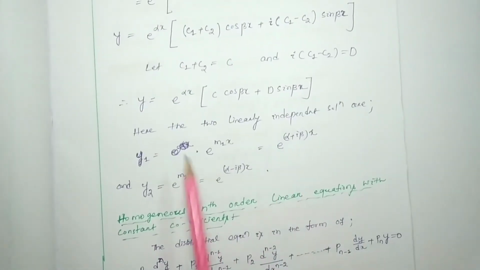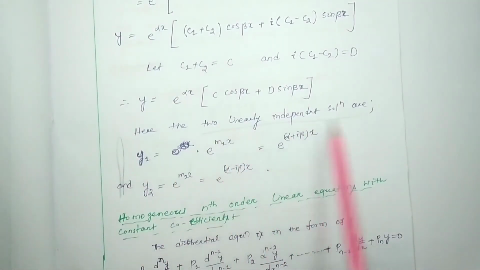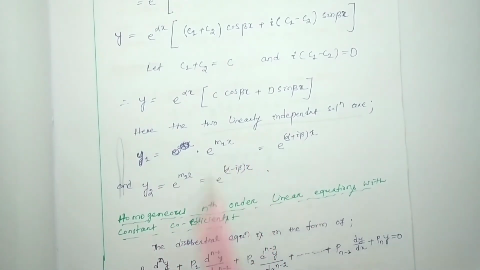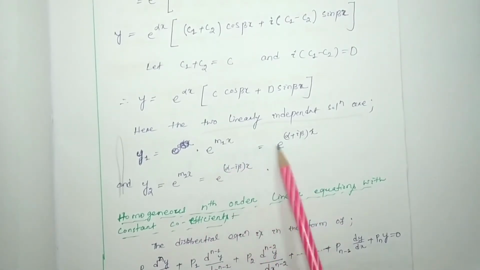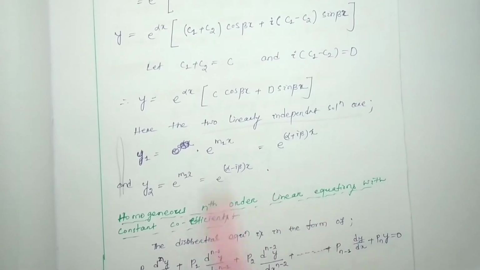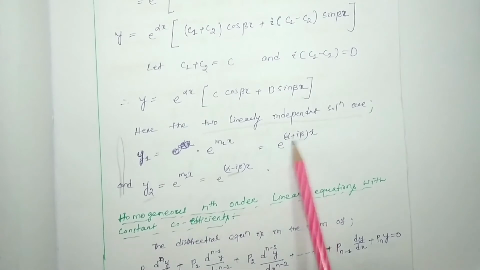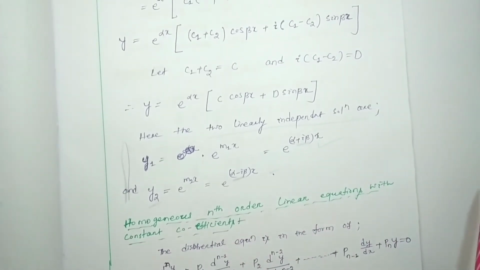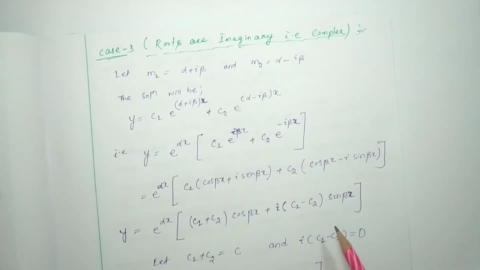So the two linearly independent solutions are y1 equal to e to the m1 x, or e to the (alpha plus i beta) x, and y2 equal to e to the (alpha minus i beta) x. These are the two roots, and the two roots are different. So these are the two independent solutions of the differential equation, and hence their linear combination will also be a solution.